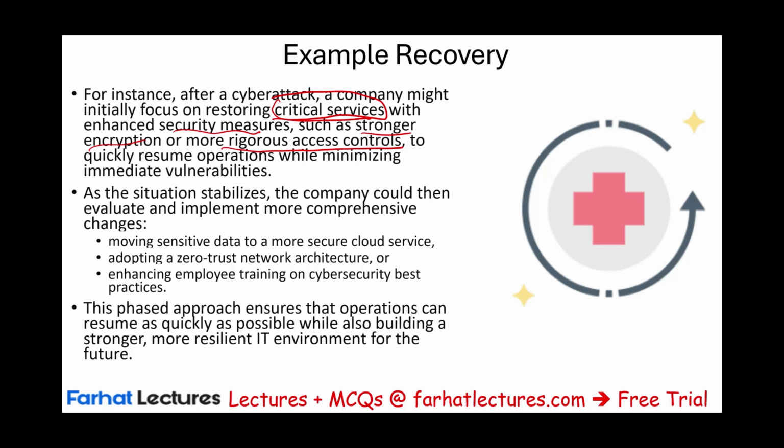This phased approach ensures that operation can resume quickly. So you do it in steps, but also build a stronger, more resilient IT environment for the future. You don't want to build everything really quick or recover real quick because you could expose yourself. So you want to do this in stages with the most critical services first, then move on to strengthen secondary defenses.